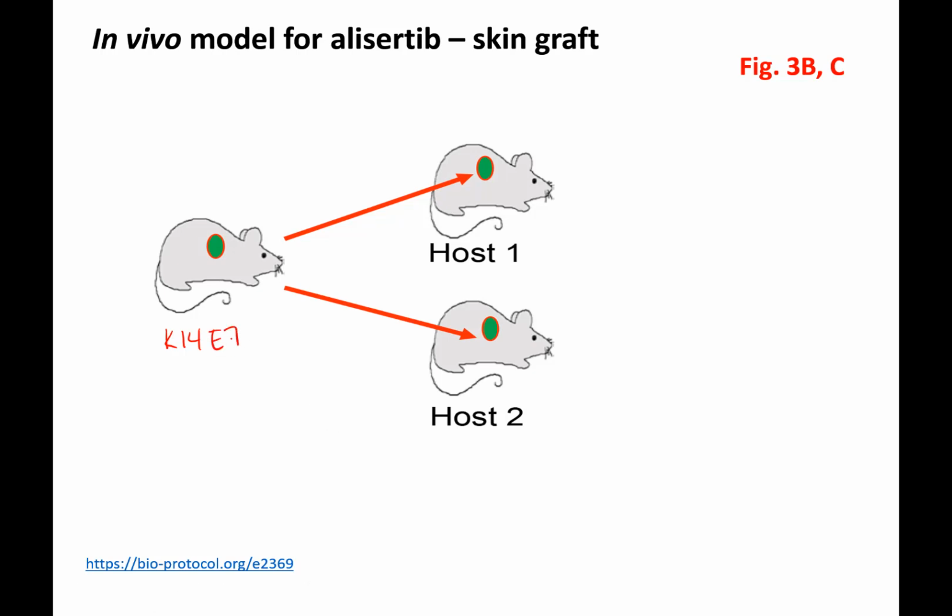K14 E7, which means these are transgenic mice. And they have human papillomavirus E7 protein in all their cells. But it's under a keratin promoter.